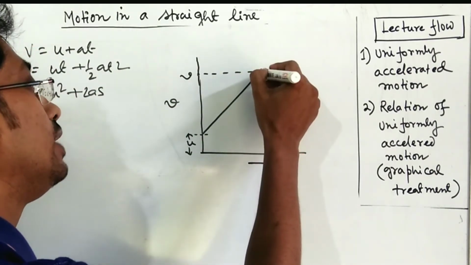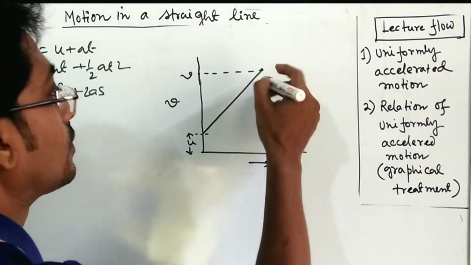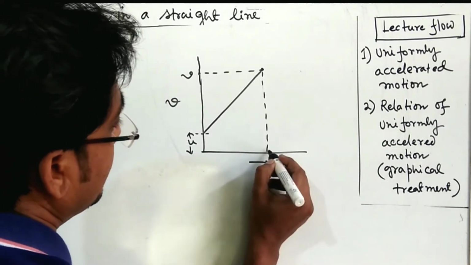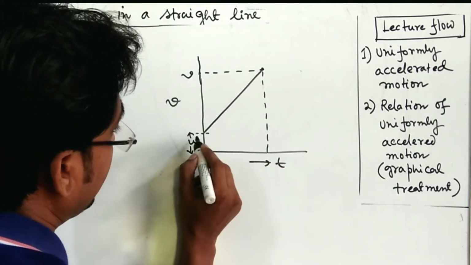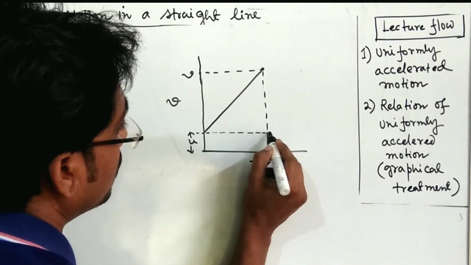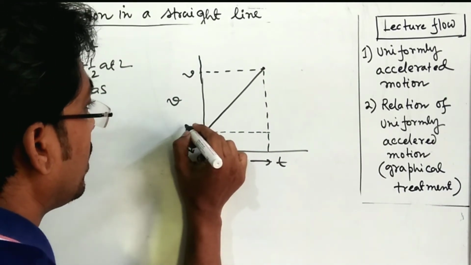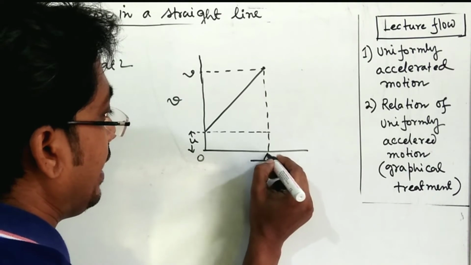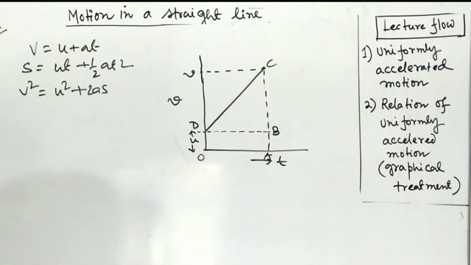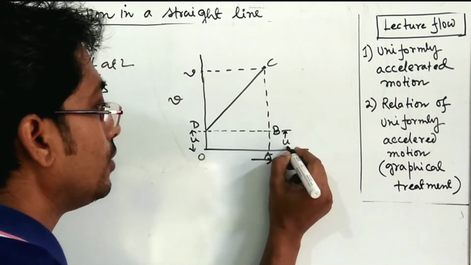Okay, and now we have to drop one perpendicular. This is u, this is u. So this graph, if we name it, suppose O, A, B, C and D. If it is u, it will also be u.